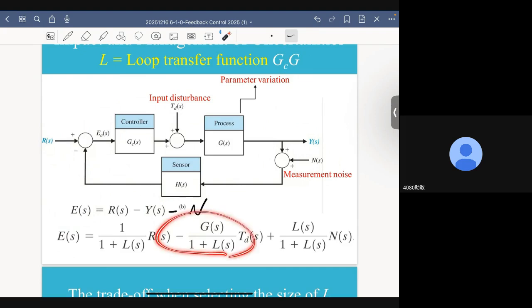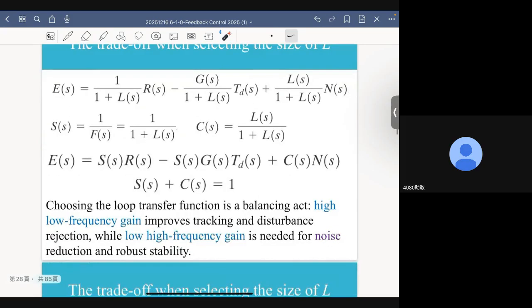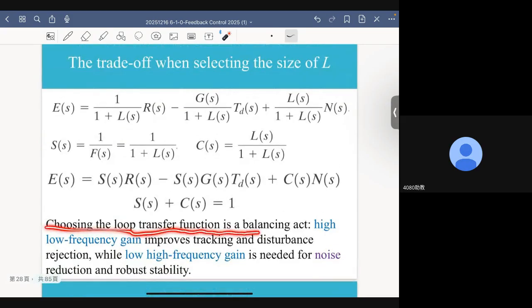That is the reason why I cannot reduce these two errors simultaneously by simply adjusting L. All right. So choosing the transfer function is a balancing act, balancing between these two kinds of errors.